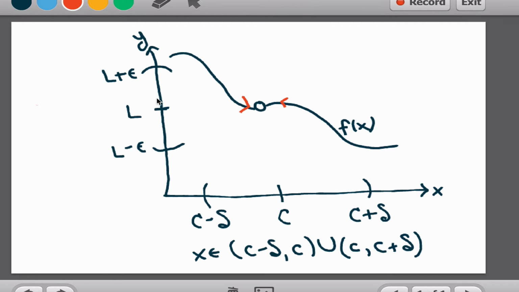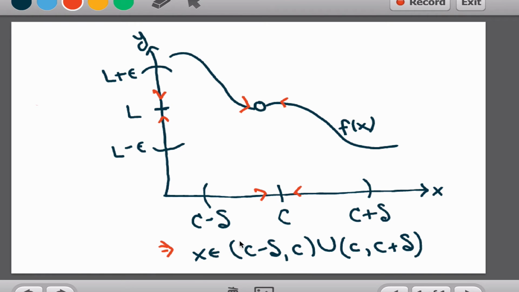If they approach some value L, then we say that the limit of f of x is L as x approaches the c value. Once again, it's never necessarily at the value c, but it's approaching the value c. So as x approaches c, then the f of x values are approaching L here.